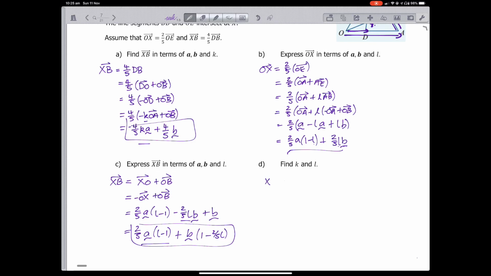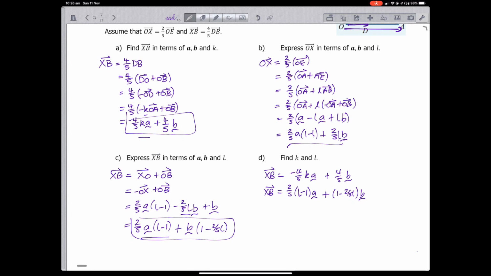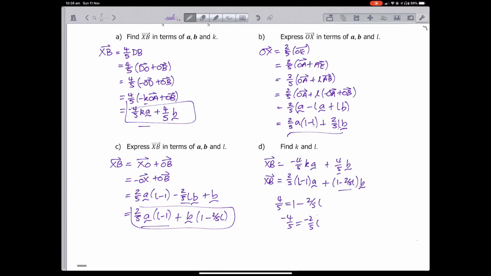So we've got XB is negative 4/5 K A plus 4/5 B. We've got XB is equal to 2/5 L minus 1 A, and then plus 1 minus 2/5 L B. Okay, so we know from here 4/5 equals 1 minus 2/5 L. So negative 4/5 is equal to negative 2/5 L. Oh, I don't know, that's wrong.